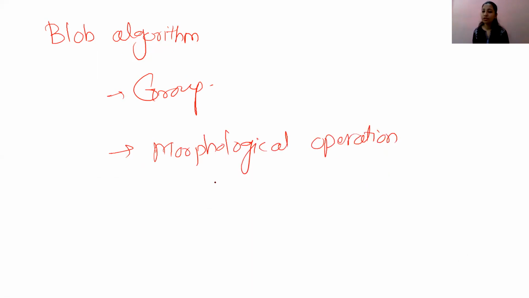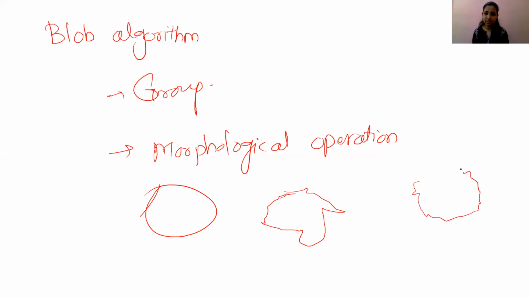Now, what do you mean by morphological operation is, just understand if it is some cell, okay, and I got an image something like this, not that much shabby, but something like this. So there are two things.